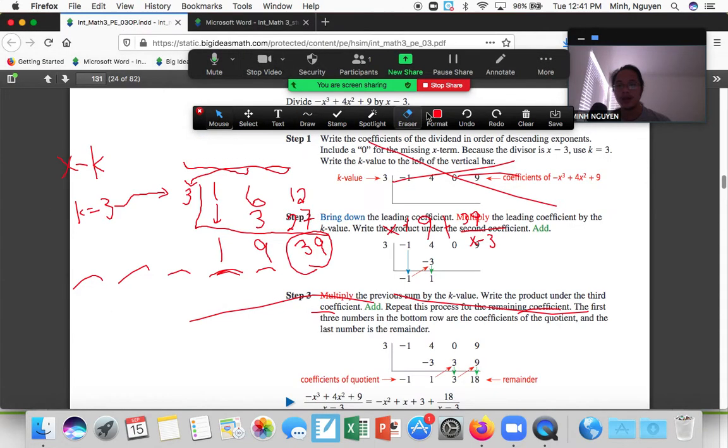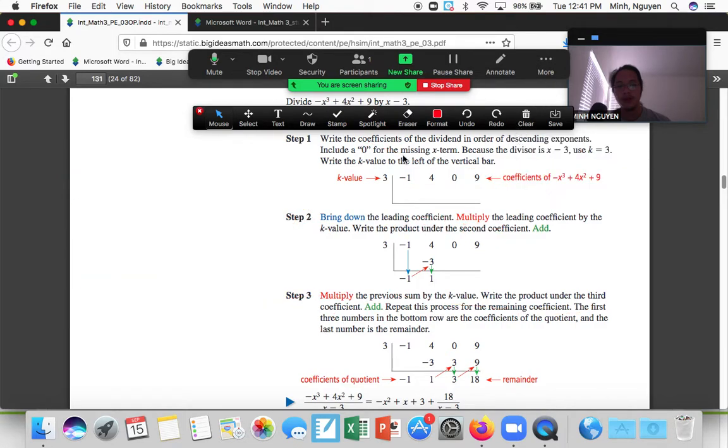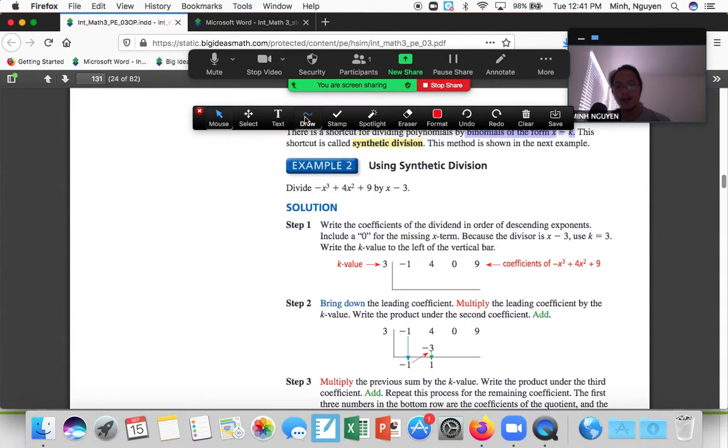So let's take a look at the book example. I wanted to hold off on this one to show you a simple example first, and now I'm going to show you one with synthetic division, but also with a placeholder. We do not have a term with x after x squared, there's nothing with an x, right? So I'm going to go ahead and start off by writing the k value.